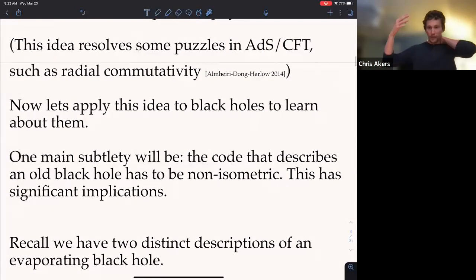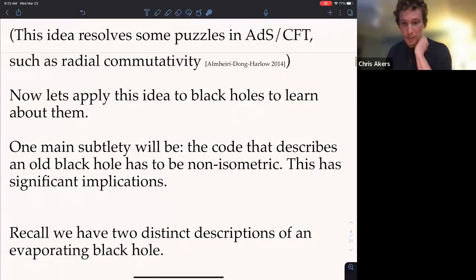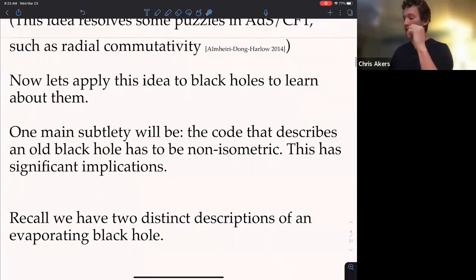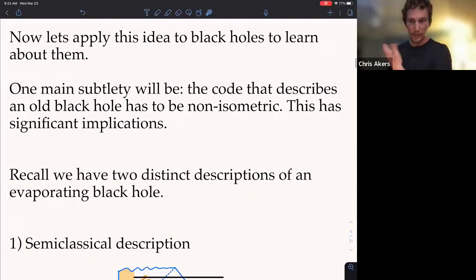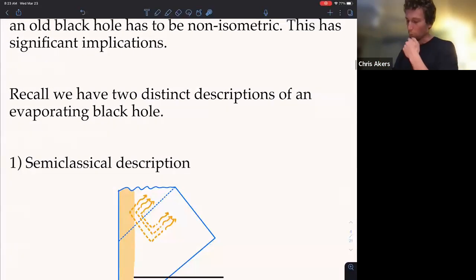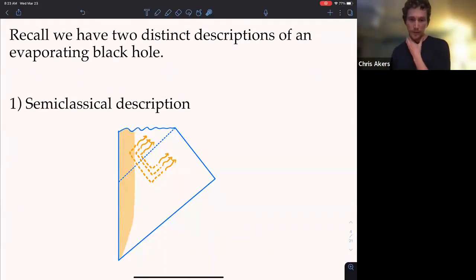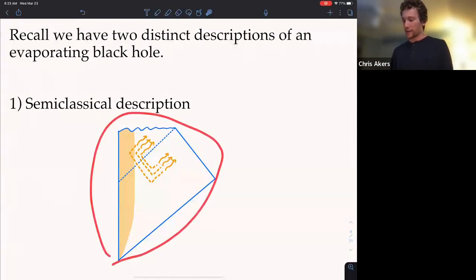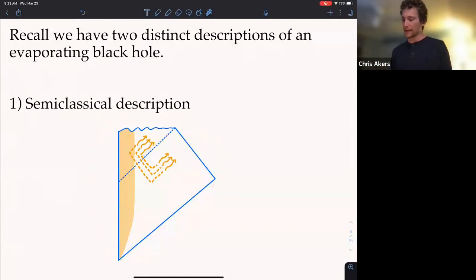Recall that we have two distinct descriptions of an evaporating black hole. One is the semiclassical description, which I might draw in this diagram. Here I've drawn basically a Schwarzschild semiclassical black hole, where this is a Penrose diagram. This blue dashed line is the event horizon, and this orange shaded region is, say, the collapsing star that formed the black hole.